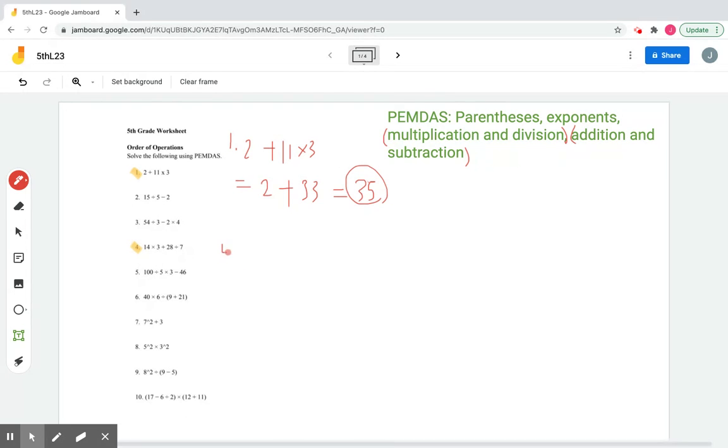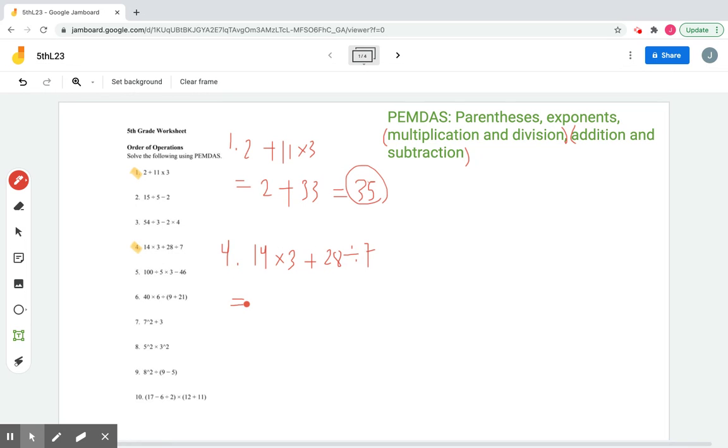Alright, let's do one more example. Number 4 is 14 times 3 plus 28 divided by 7. This one is pretty similar to number 1, in that we don't have any parentheses or exponents.